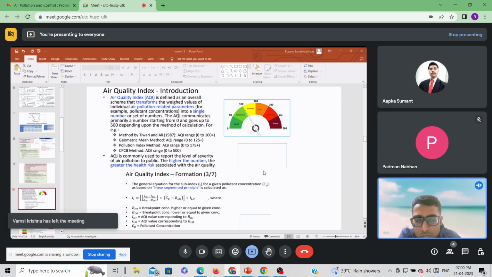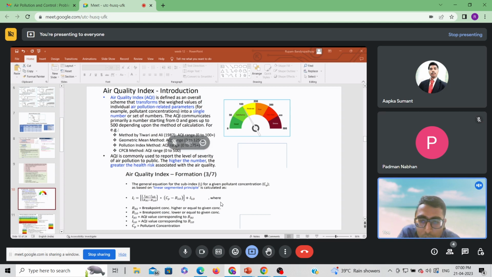You can't say the exam is fully objective because MCQ type questions will be there, but like in the assignments, you can also expect some numericals and some multiple choice questions. Direct questions may not come, but similar questions you can get.